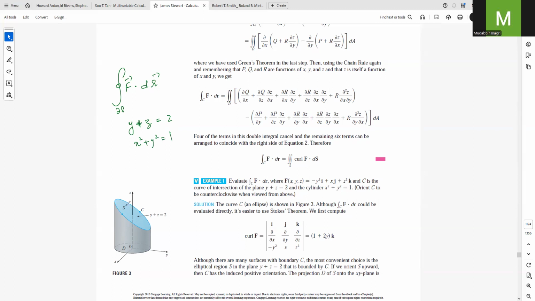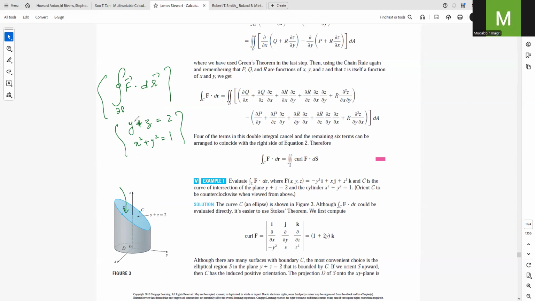Right, so here we can see what we get at the intersection of these two surfaces, the plane and the cylinder. Now, to solve this integral, we need the parameterization of this curve C, and we can parameterize and solve.